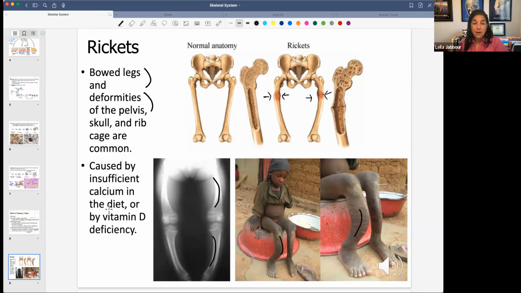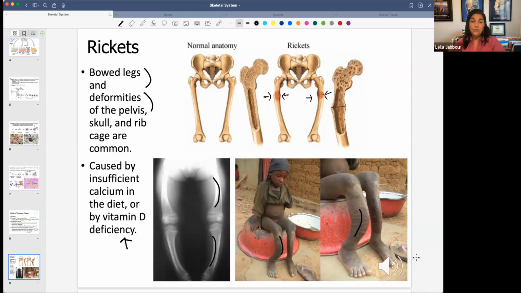This is caused by insufficient calcium intake in the diet, or by vitamin D deficiency, because vitamin D is very important in the absorption of calcium through the intestinal wall. So not only do you need calcium in your diet, but if you don't have enough vitamin D, that calcium is just going to get flushed out and not actually be absorbed. You really need that vitamin D for absorption of the calcium.